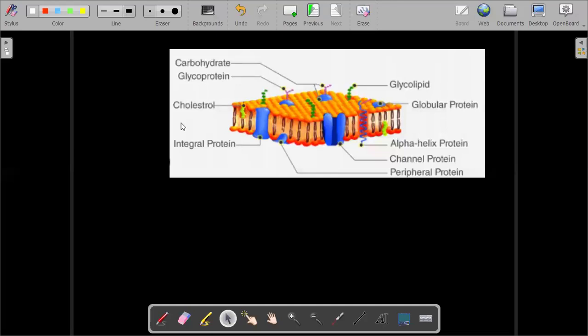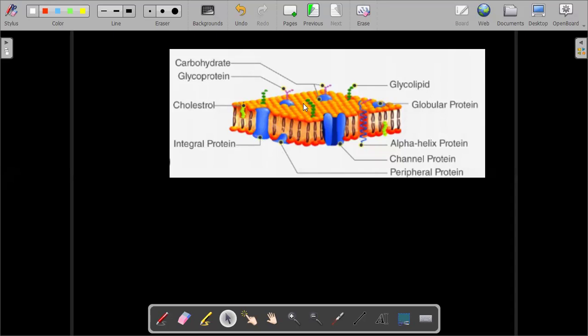So here, see, we observe the two layers. The upper layer and the lower layer consist of cholesterol molecules and phosphate bonds. In between, you have these integral proteins, also called tunnel proteins.